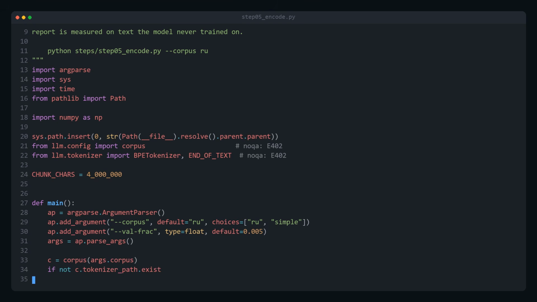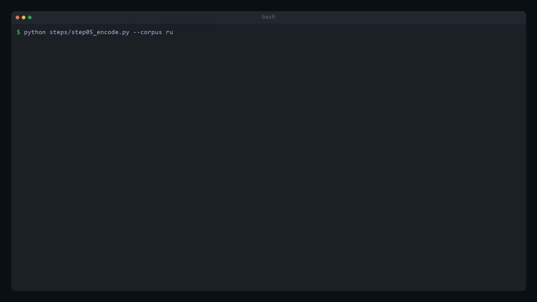Article boundaries are preserved with a special end-of-text token, so the model can see where one document ends and another begins. The last 0.5% is set aside for validation. That is essential. We will measure quality on text the model has never seen. Russian gave 142.32 million tokens, English 50.55.